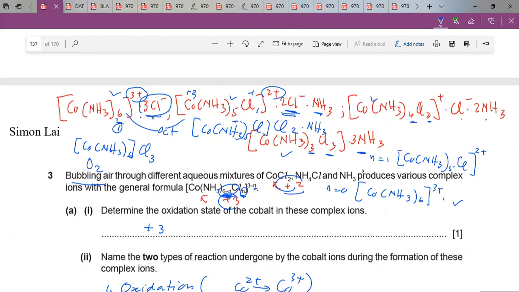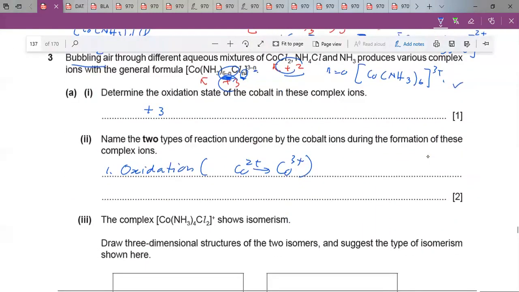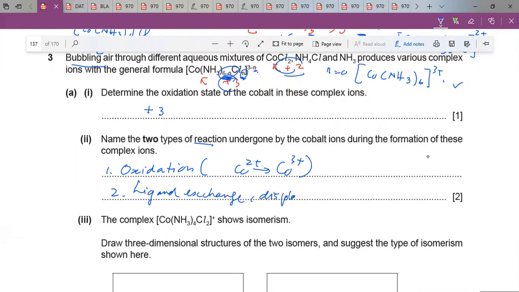From here to here is called ligand displacement, or they call it a ligand exchange. So normally they use ligand exchange. The reaction is called ligand exchange, or displacement, or replacement.